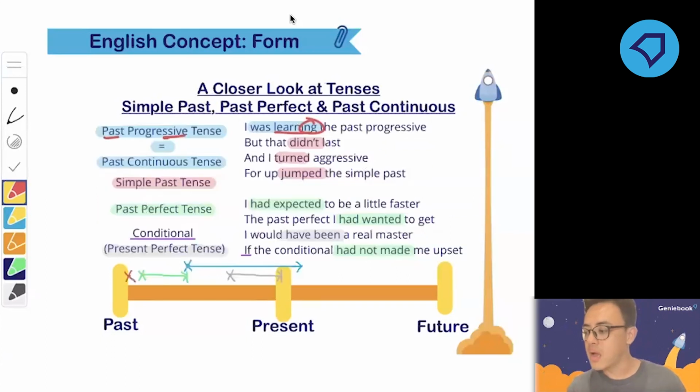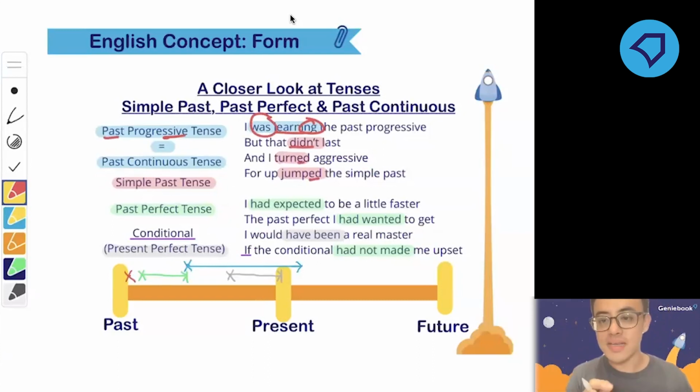Are coming. Past progressive, I was learning. Past progressive tense or the past continuous tense, but it did last. I turned, past simple, and jumped, past simple. Okay, ed, past simple. Simple, right?